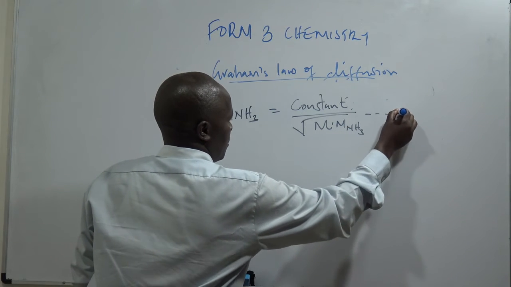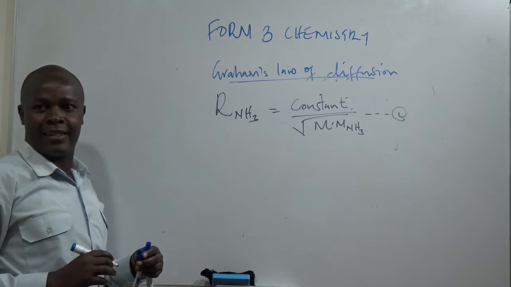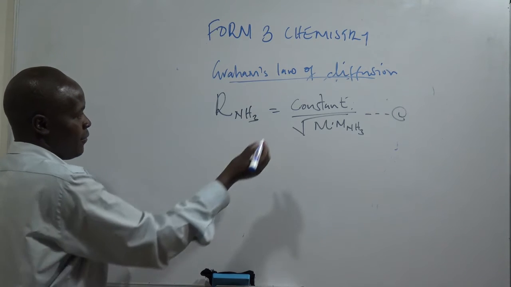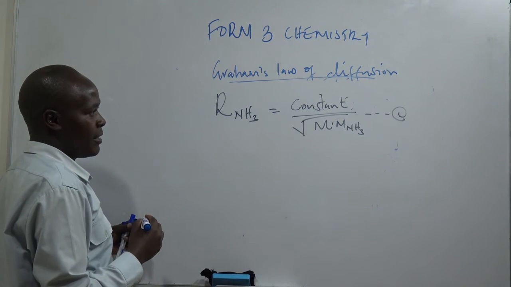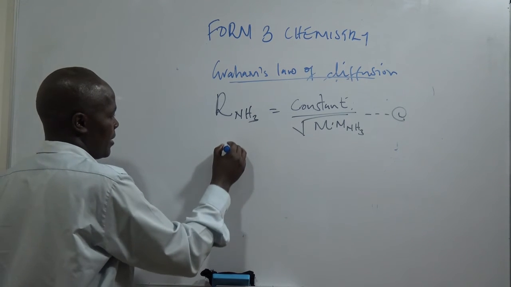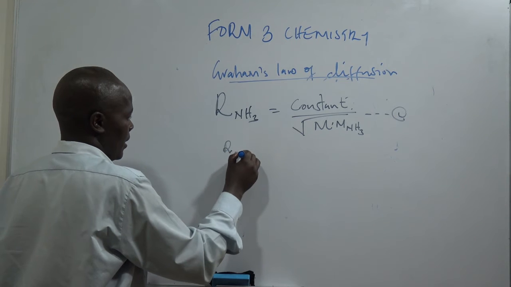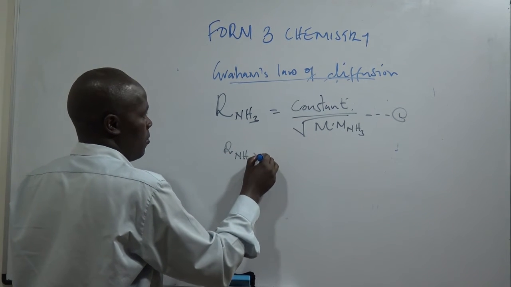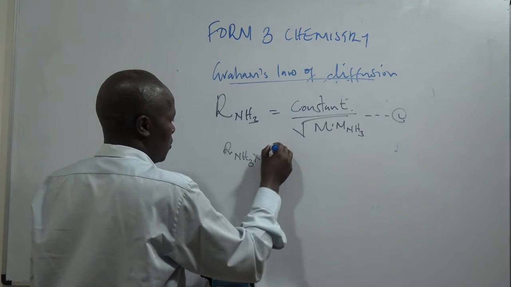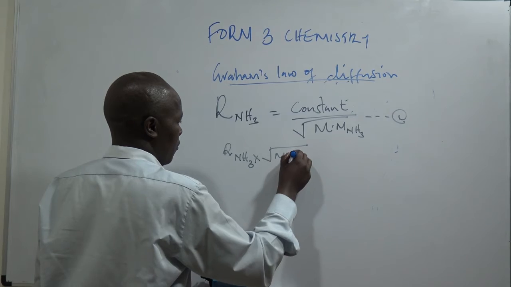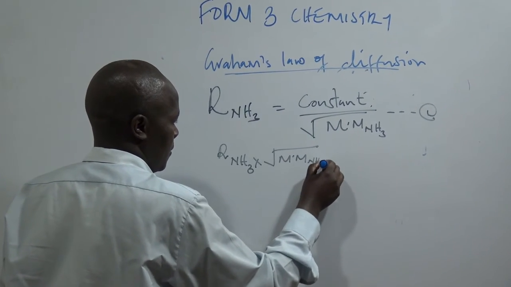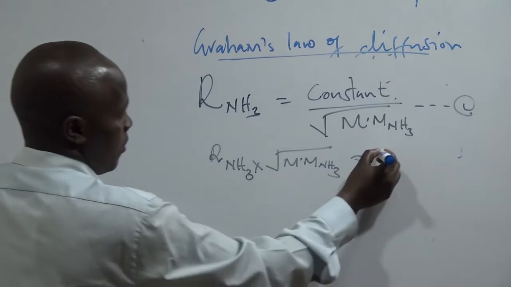This is my equation number 1. If I rearrange this equation to make the constant the subject of the formula, then the rate of diffusion of ammonia gas multiplied by the square root of molecular mass of ammonia is equal to the constant.